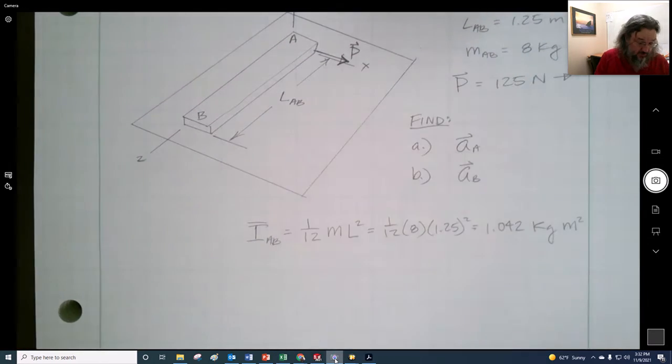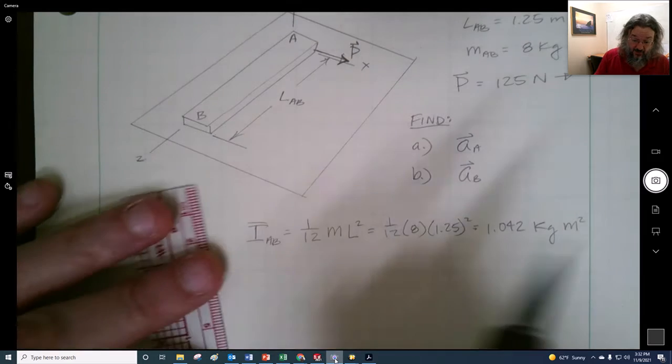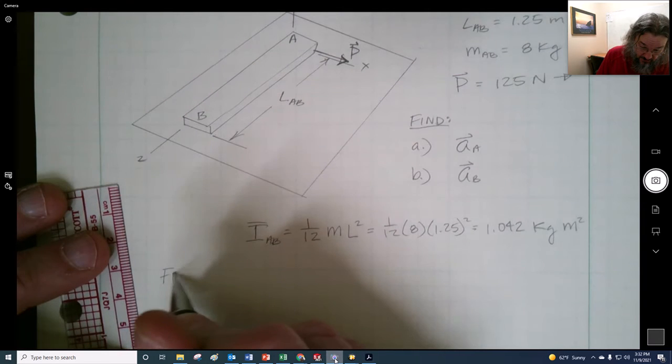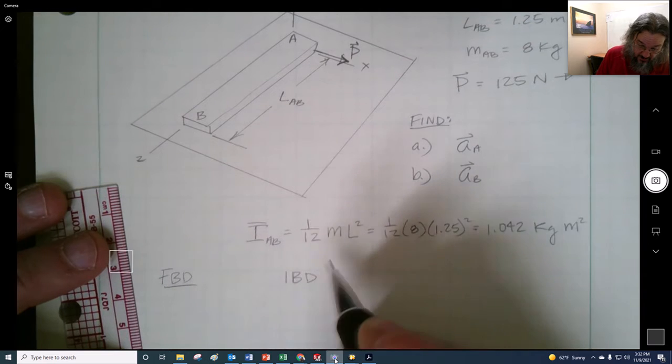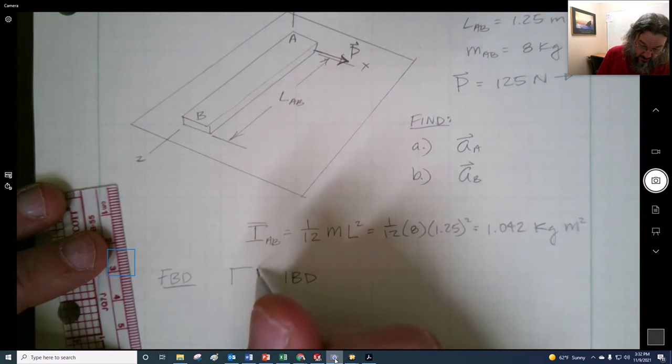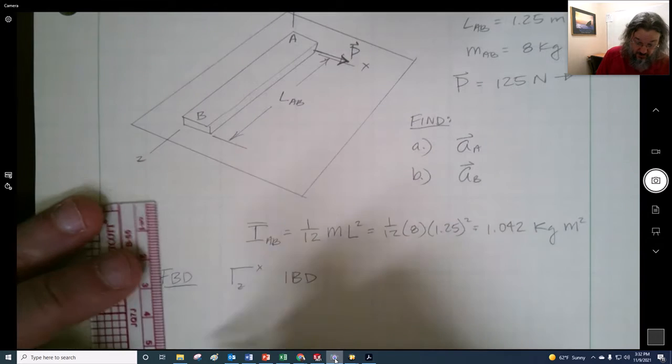I will draw the FBD and the IBD of this, and I think I'm going to make them upright, so I'm looking at the XZ plane here.